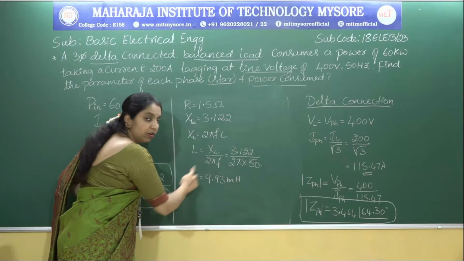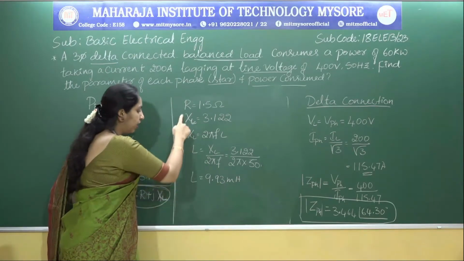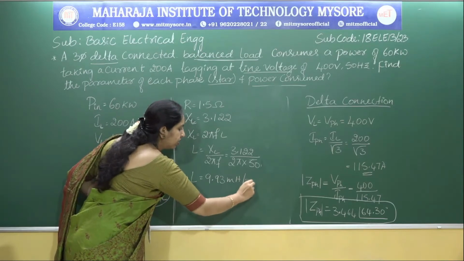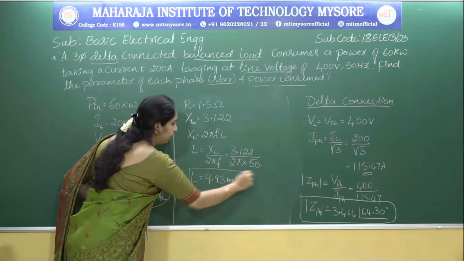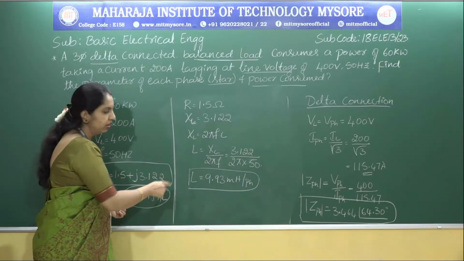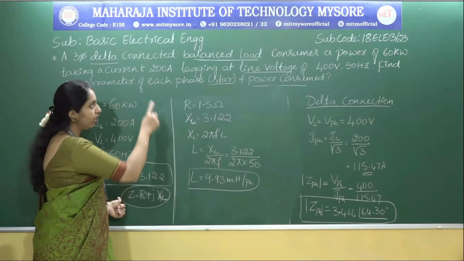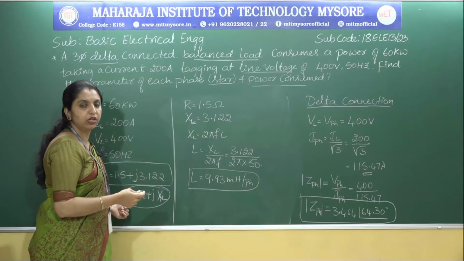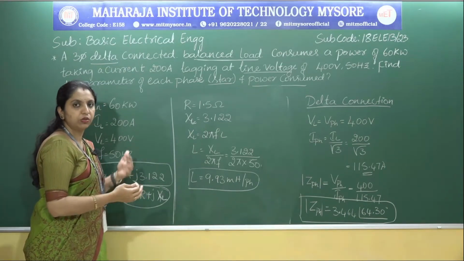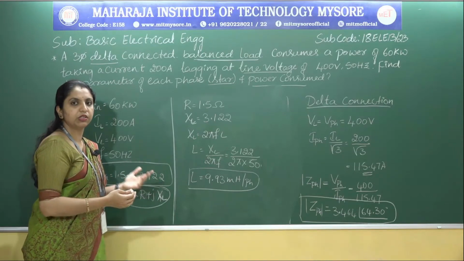Remember, we have calculated the value of R and L. This is per phase. Since it is a balanced load, the connection is balanced, so we have 3 loads here, that is Z1, Z2, Z3.